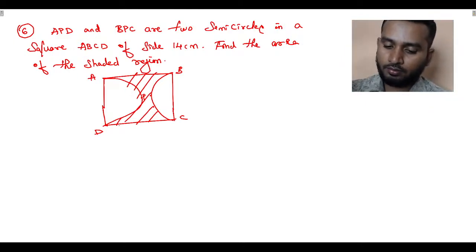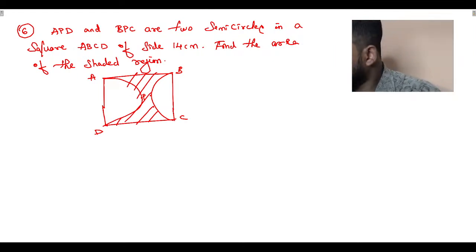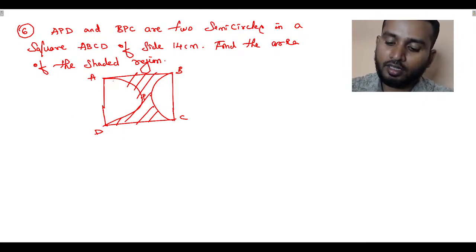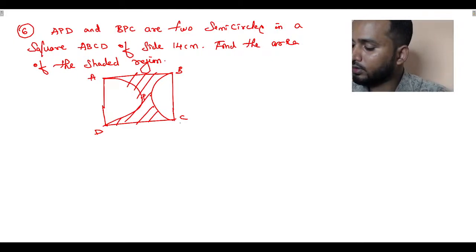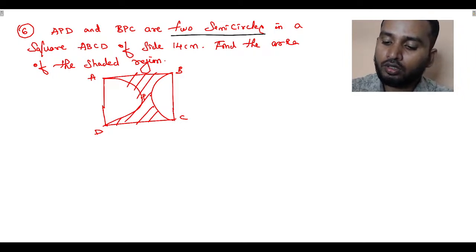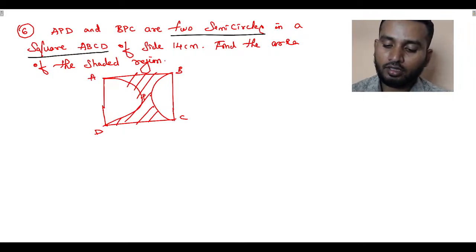Let me solve this sum. Okay, let us solve this problem. First we have to find the complete area. Here in the question they said that APD and BPC are two semicircles, and ABCD is a square. So first let me find the area of this complete region.